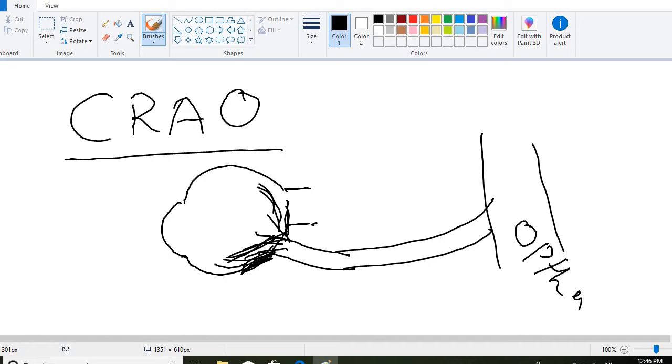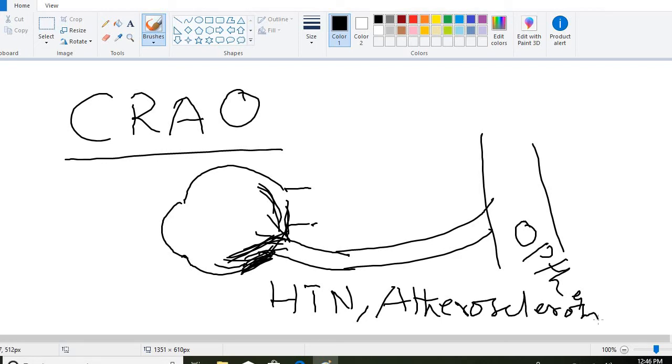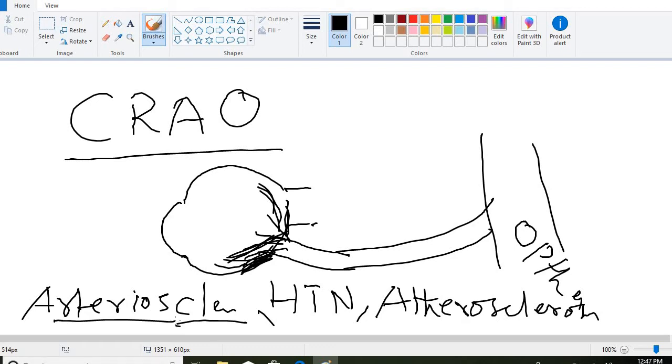The most common risk factors for central retinal artery occlusion are hypertension, atherosclerosis, and arteriosclerosis, and the infarction occurs. Central retinal artery occlusion causes infarction due to occlusion of the artery because of an embolus.